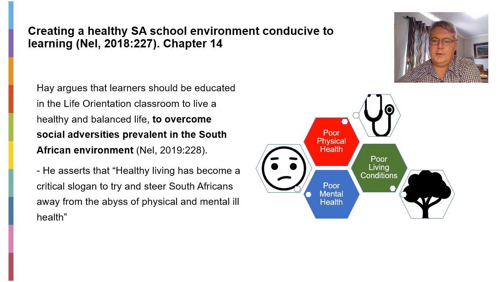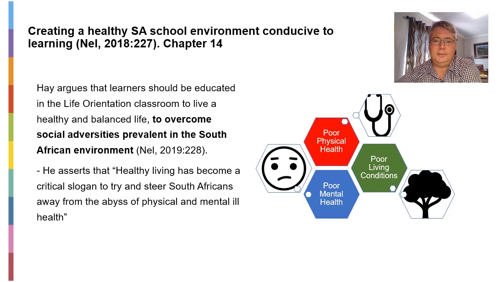I have a little diagram that I drew for you here, with those three very important factors: poor physical health, poor mental health, and poor living conditions that we would find in a large portion of South African society. This presents a particular challenge in general.